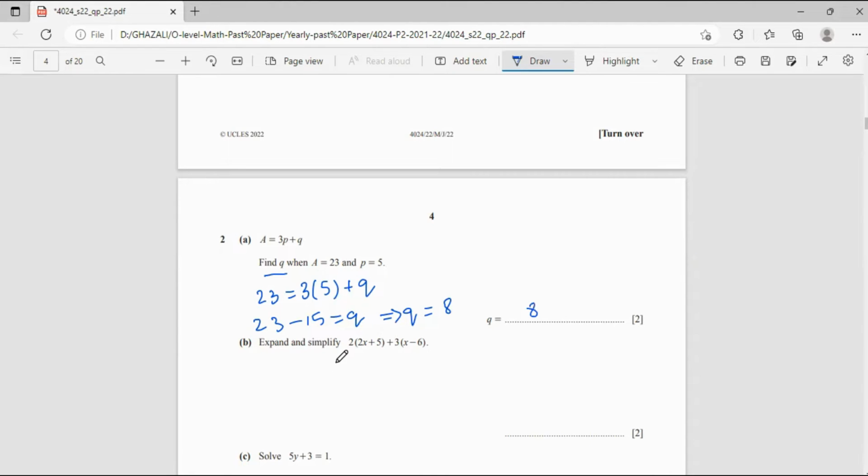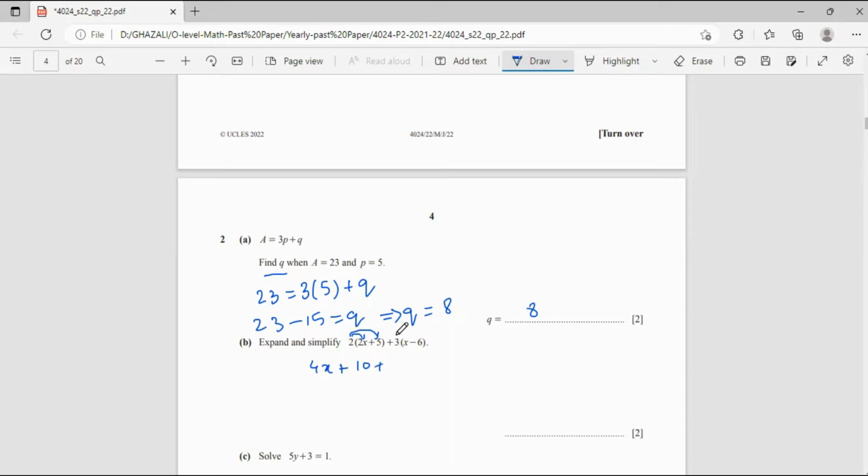Next part, expand and simplify. 2 bracket 2x plus 5, 3 bracket x minus 6. In the expansion rule, we multiply 2 by 2x, and then 2 by 5. Now 2 multiply 2x is 4x, 2 multiply 5, 10.